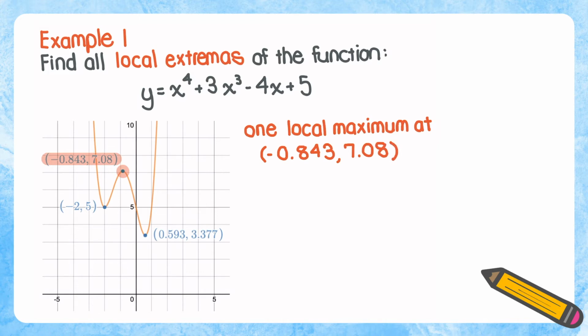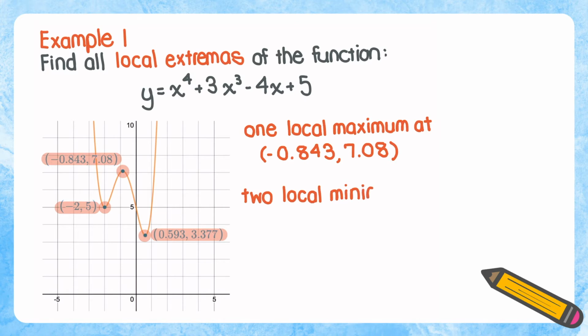And then what about local minima? Do we see any local minima in this function? We actually have two local minima for this function, one right here and another one right here. So I have two local minima.